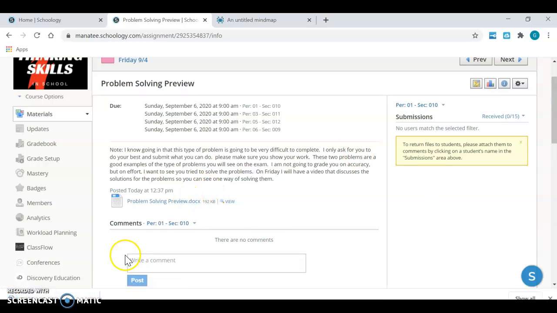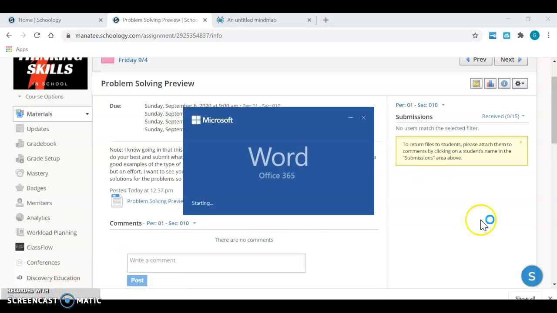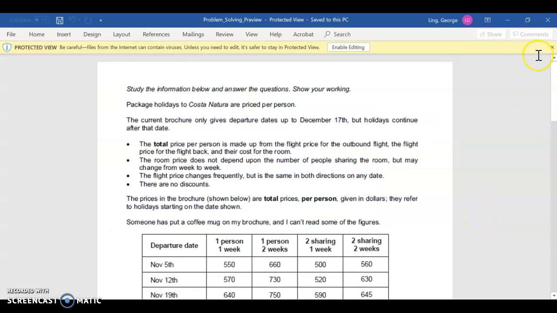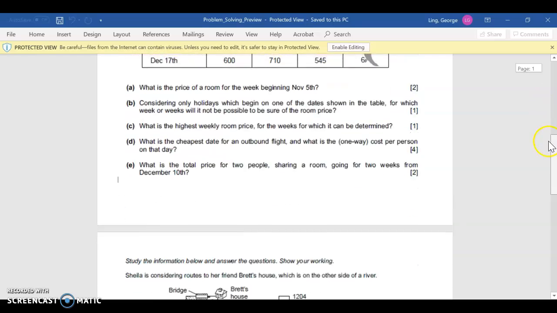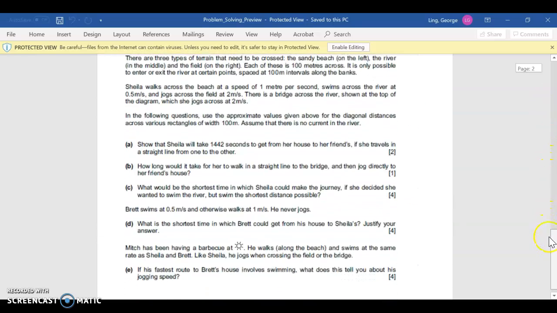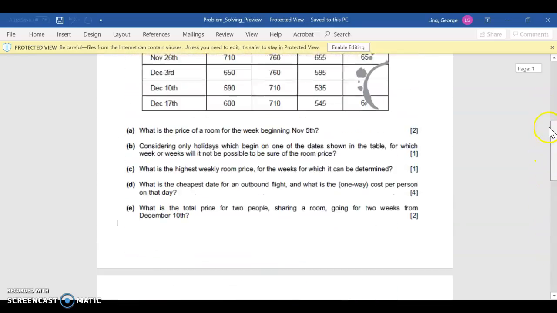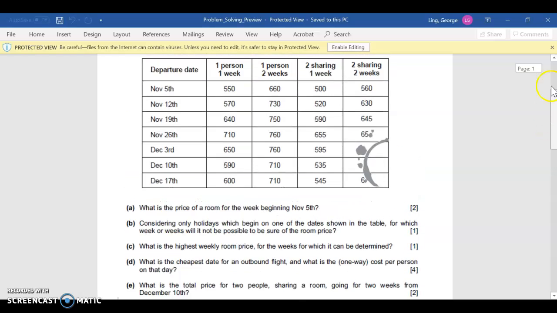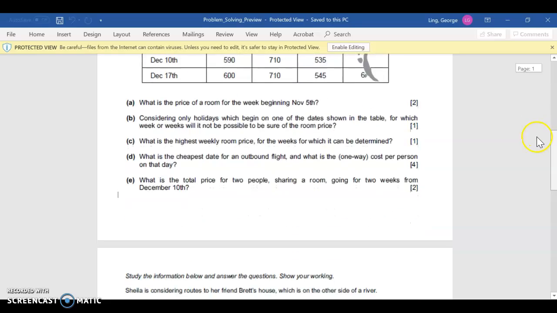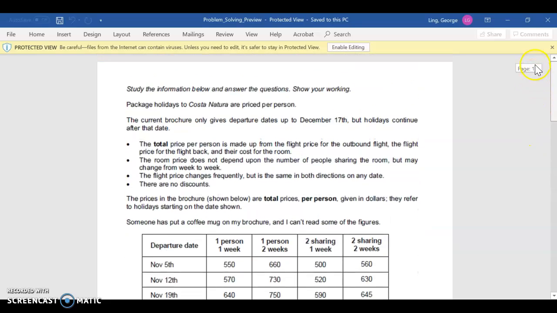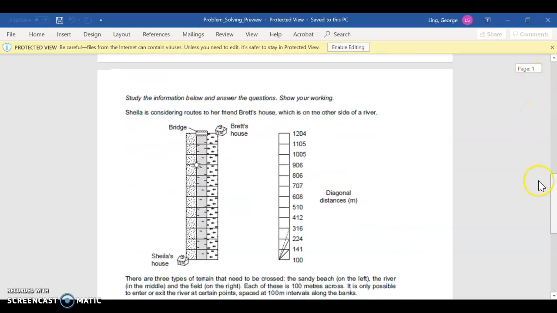So just to give you an idea what these problems look like, this is a single problem. Right there, that's one problem, and that's the second problem. Yes, they each have several questions that go along with it, but in general, this is a single problem for this class. So you can see the amount of information that you have to sort through and solve.